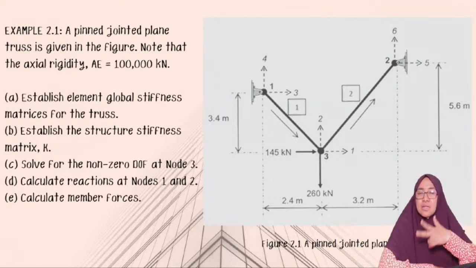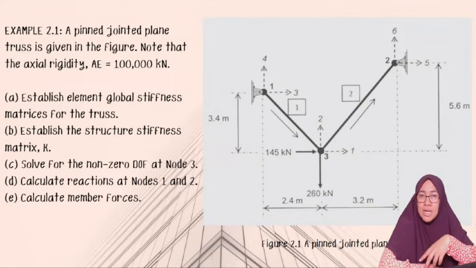The stiffness equation is a compulsory step because we will solve for the unknown displacement and the unknown reaction using it. Even though the question has no statement asking for writing the stiffness equation, we still have to write it in order to solve for the unknown displacement and unknown reaction.